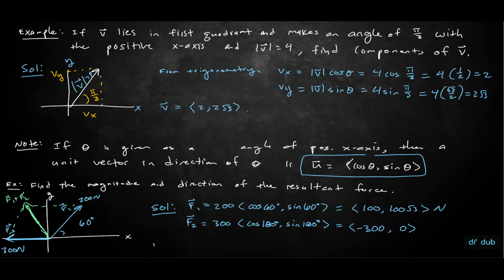And so F1 plus F2 is going to be negative 200 comma 100 square roots of 3. And just like we predicted, that does point towards quadrant 2, negative x, positive y. And now what's the magnitude of this resultant?